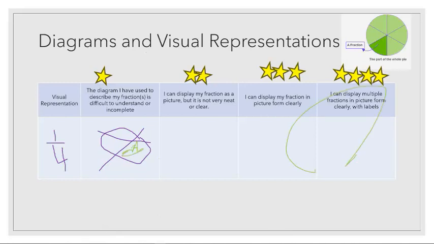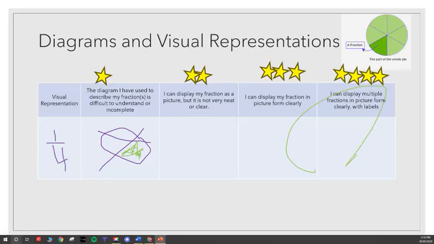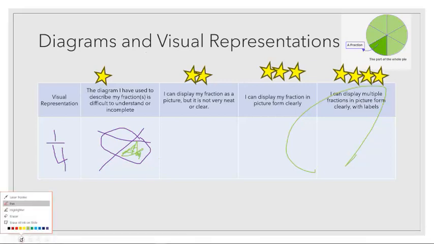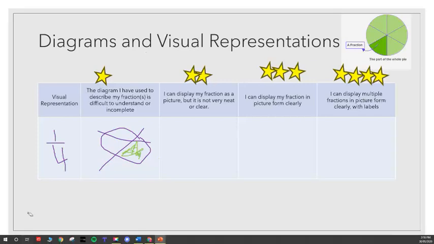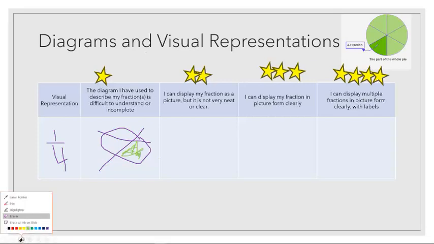You've shaded in this section here, and you've decided to call that 1/4. I'm just going to use the eraser to get rid of that bit over there. Next one along is where we're saying that I can display my fraction as a picture, but it is not very neat or clear.